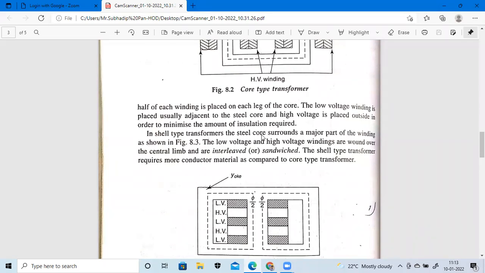These are the two types of construction in the single phase transformer.